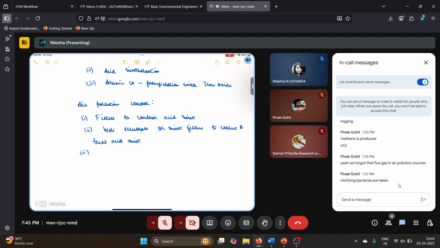And then we can even install hoods on tanks and maintain a foam layer on the surface. And we can even treat exhaust gases and mist using scrubbers. So this is all about air pollution.